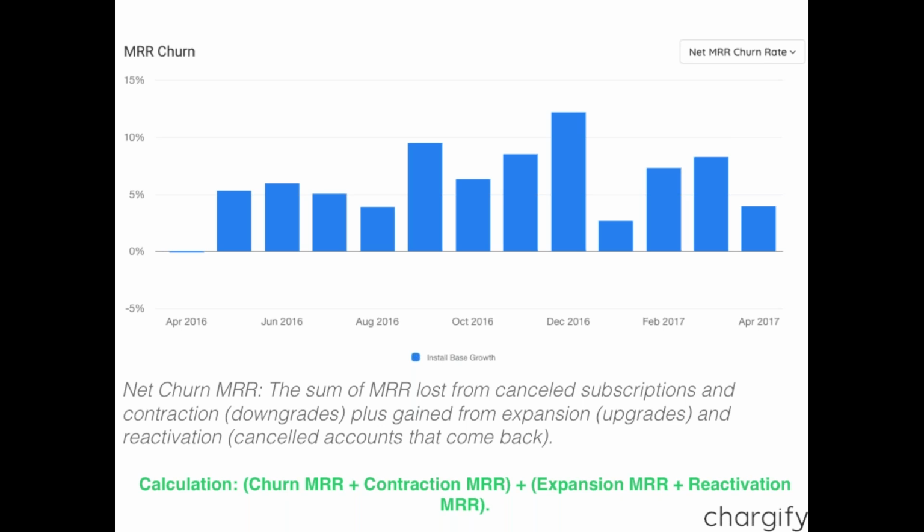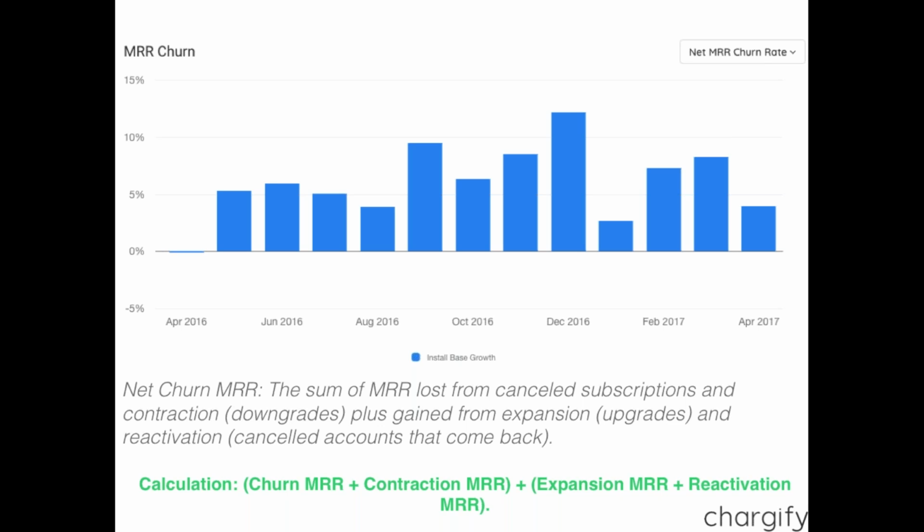So again, the net MRR churn rate. This is everything from a boilerplate perspective. And this can also be positive. Positive net churn MRR indicates the value of your existing subscriber customer base is growing without factoring in any new business. So that's a good thing.